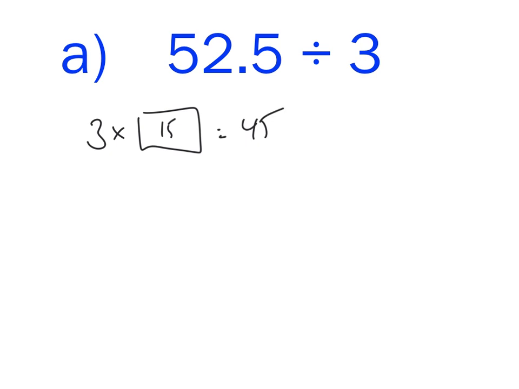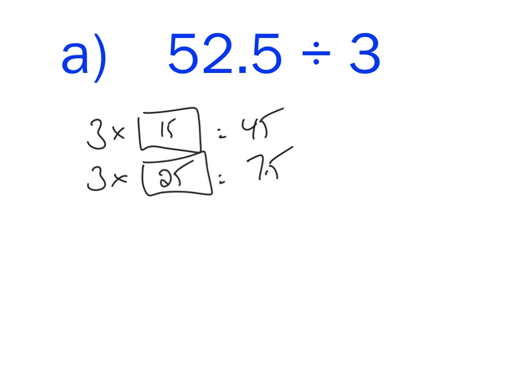Awesome. Now, what we're going to do is we know that we have to get to 52.5. So 45 plus what is 52.5? So it's 7.5. So 3 times what is 7.5? So 25. But now again, that's with forgetting about the decimal.